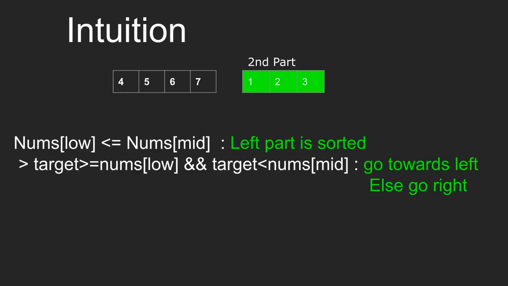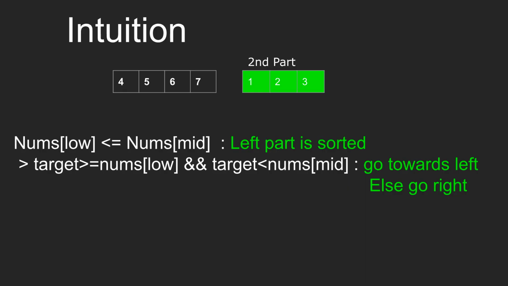Let's take case one, when the left half is sorted. In this scenario, nums of low is less than or equal to nums of mid. Here we can check whether the target is on the left side of mid or not.